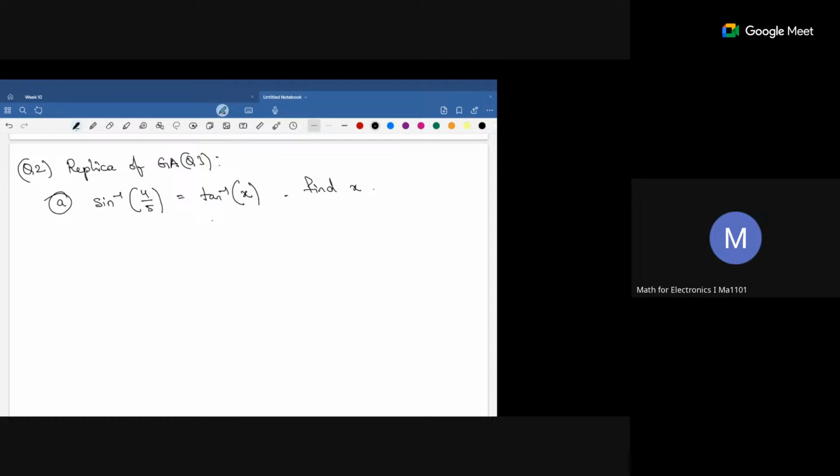Let me see. Okay. Yeah. Anybody else except Ananya? Shivkumar, Chetan, Rajdeep.